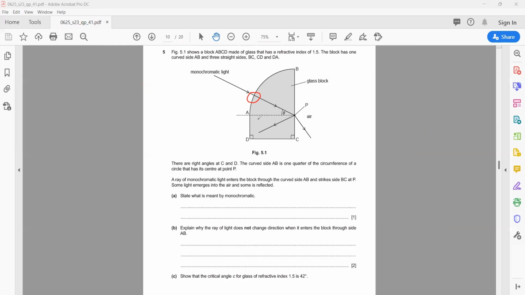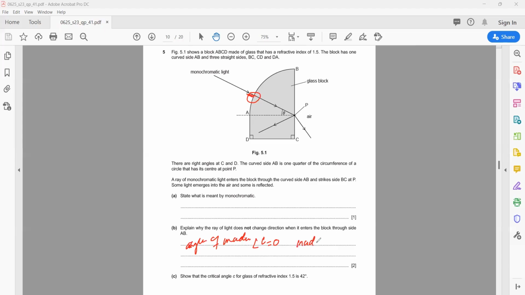No. Okay. So you can say the angle of incidence here is zero. It means the ray is coming along the normal.